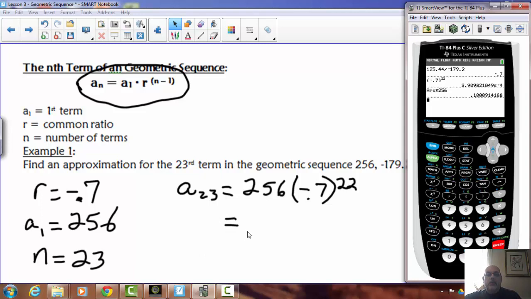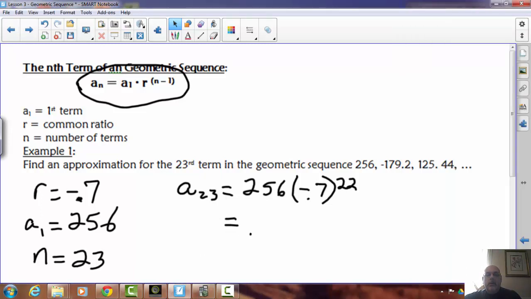Our approximation of it anyway is 0.1000914188. It's an approximation because the calculator only displays so many digits. In a case like this, we're looking for an approximation of that term.